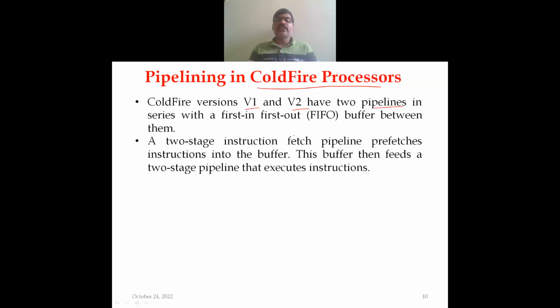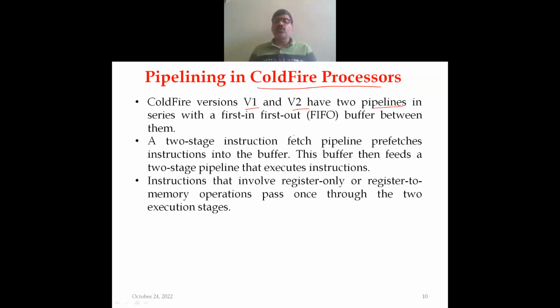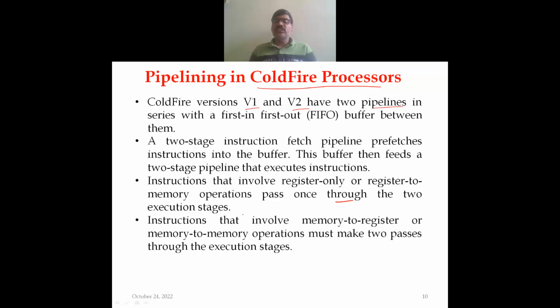This buffer then feeds a two-stage pipeline that executes the instructions. Instructions that involve register only or register to memory operations pass once through the two execution stages. Instructions that involve memory to register or memory to memory operations must take two passes through the execution stages.